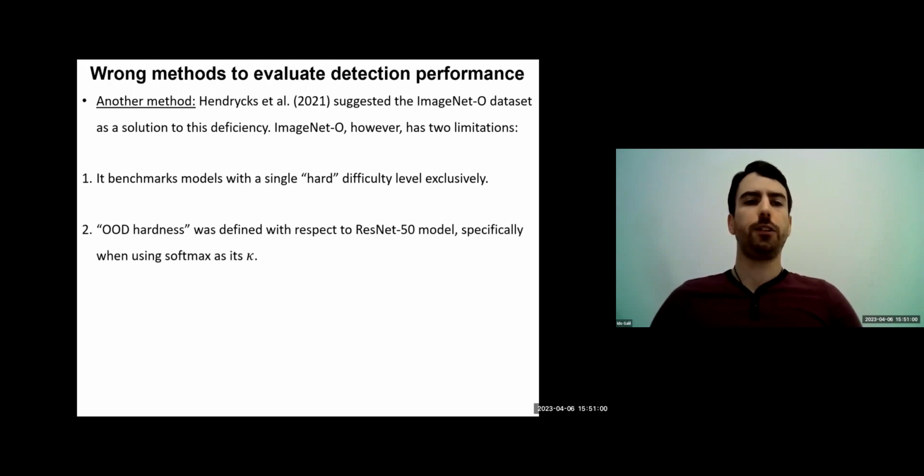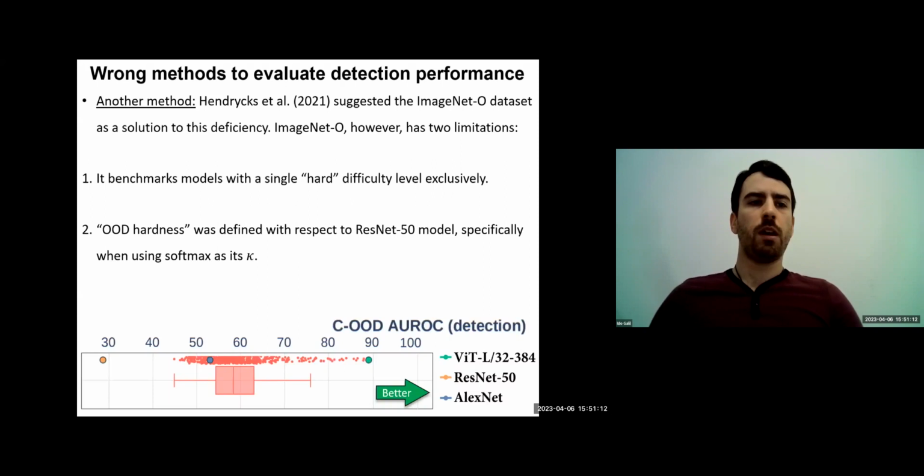Second, its definition of OOD hardness was carried out with respect to ResNet-50, specifically equipped with softmax as its confidence function. This makes ImageNet-O heavily biased. The box plots at the bottom of the slide illustrate this point. It visualizes the performance of 525 ImageNet classifiers on ImageNet-O with higher values to the right, indicating better performance.